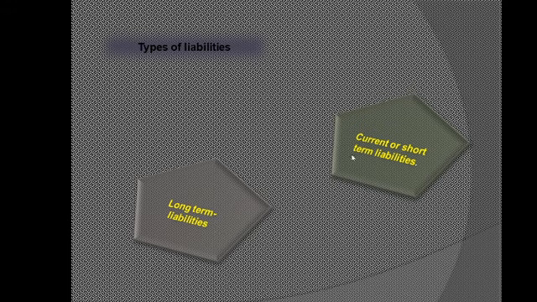Now let's move to current or short-term liability. With this short-term here, you'll be able to explain what it means. It means those liabilities that will not last for more than 1 year, not more than 12 months. Examples are accrued expenses, creditors, and some loans that don't stay for more than 1 year.